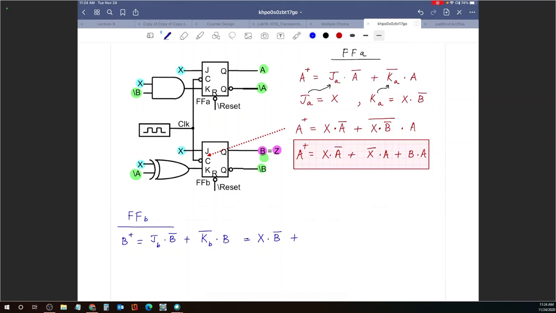What is KB complement? This is X exclusive or A complement, and the entire thing needs to get complemented, and B.